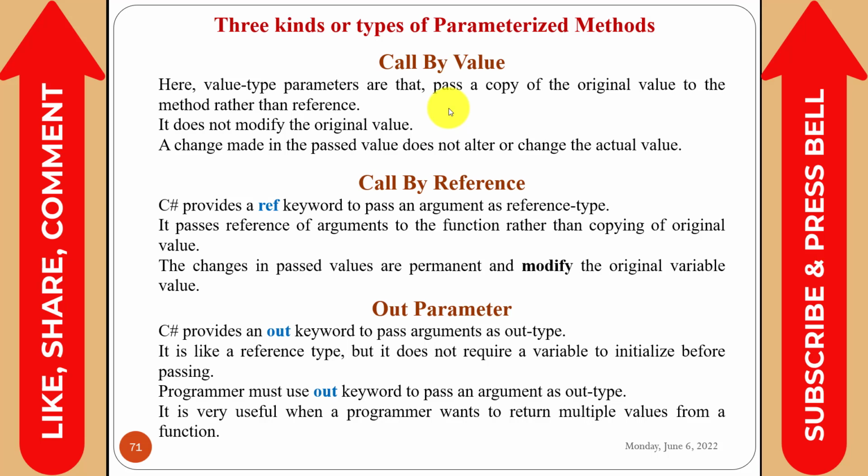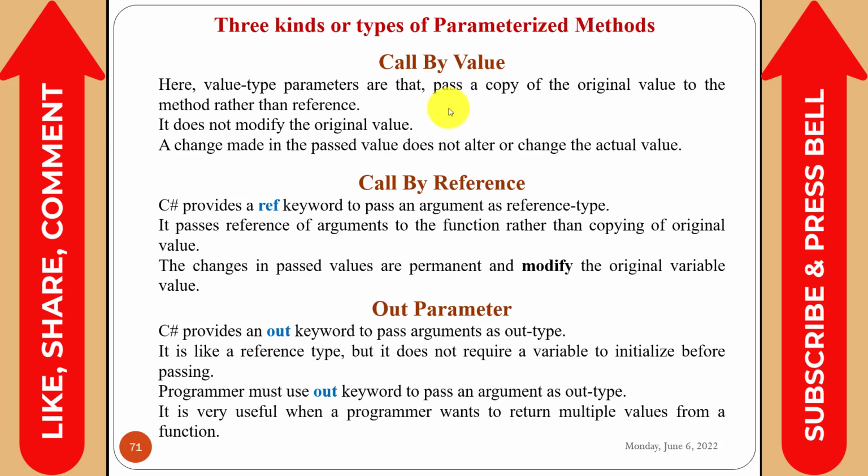Out parameter is a wonderful concept to return multiple values together. We did not have this type of concept before in programming systems like C and C++. In these systems, if you have one method, you are only allowed to return one value from one method. With the help of the C# out parameter concept, you can return multiple values from one method.